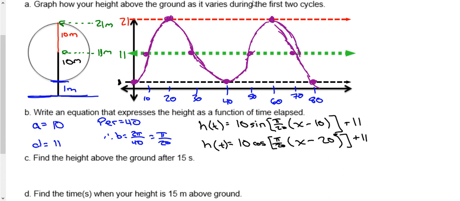I could also do a negative graph, so if I had h of t equals, this time let's go negative 10 sine, so I'm doing a negative sine curve, pi over 20. My phase shift here, because I'm starting right at 0, it's going to be nothing. Oh, sorry, this isn't my sine curve.